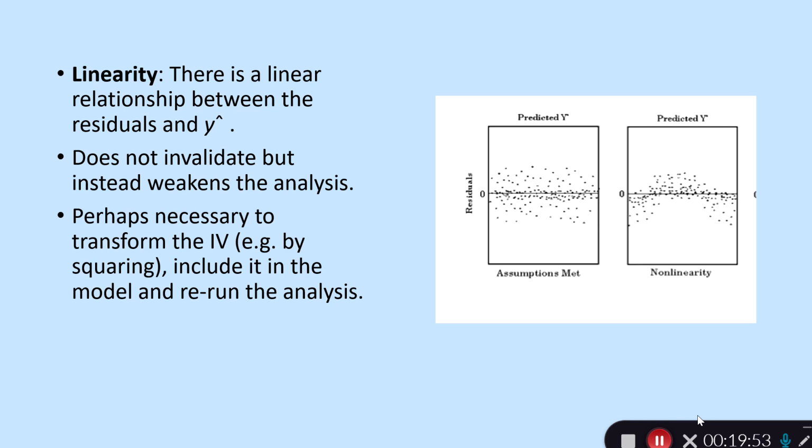So if we look at this image, if we've got this nice rectangular symmetrical pattern above and below the reference line of 0, the assumptions have been met, similar to the normality issue. It looks like the data is linear. The residuals are linearly distributed.